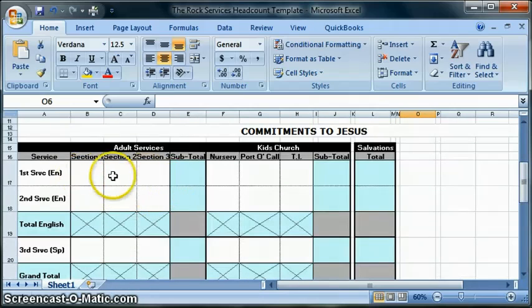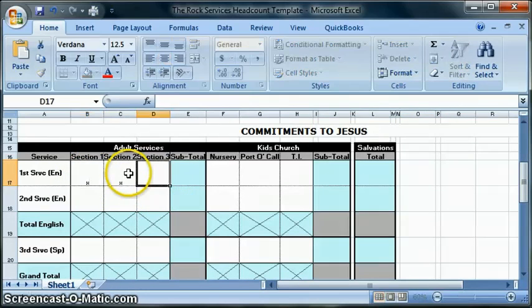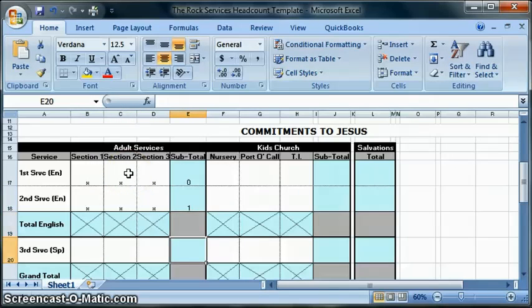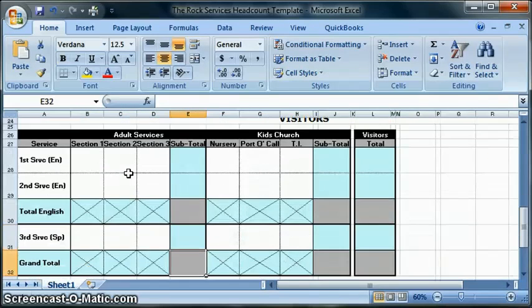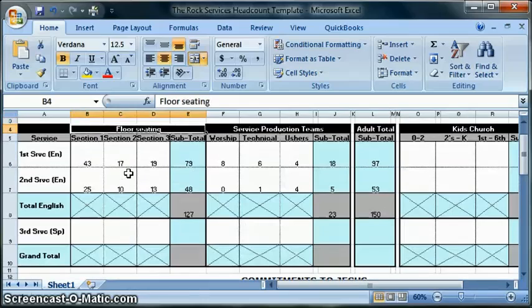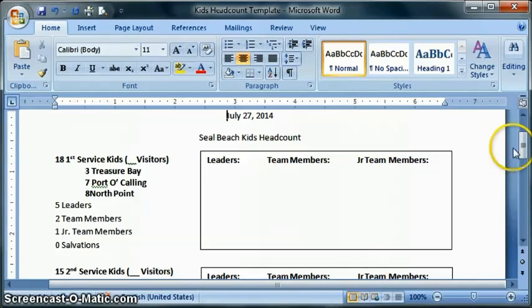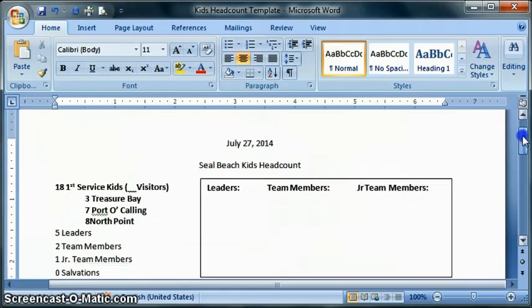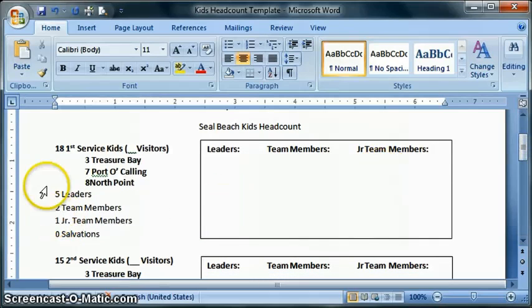He should have some salvations here. They might look like this. Something like that. But everything else is going to be blank. And then the paper Robin gives you is going to look like this. You'll see the numbers inserted here.